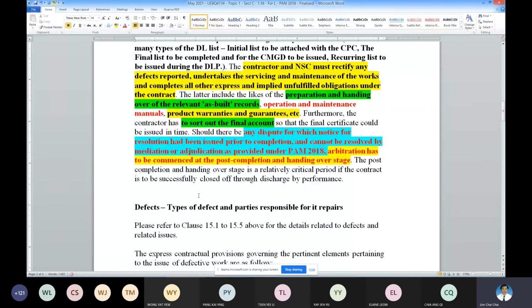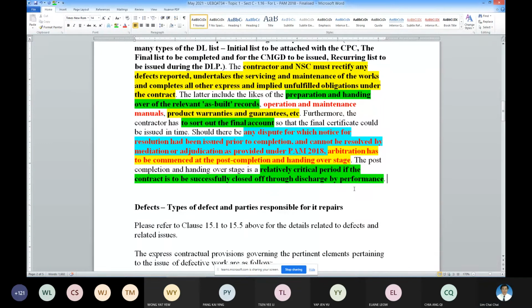So the completion and handing over is very important for every party to comply with and to successfully discharge their obligation by performance. This is the discharge of the obligation by performance, the contractual term.